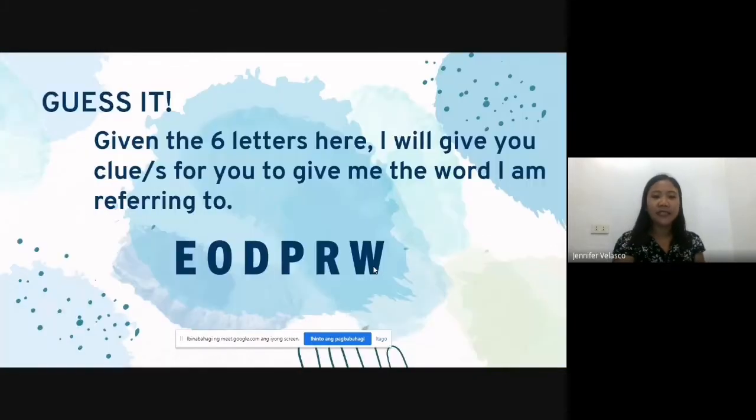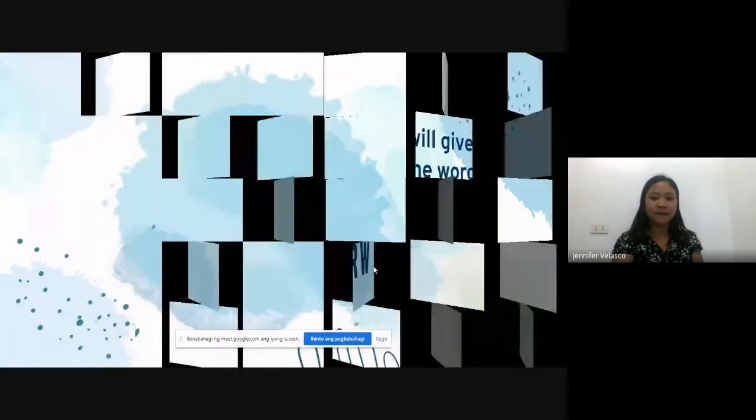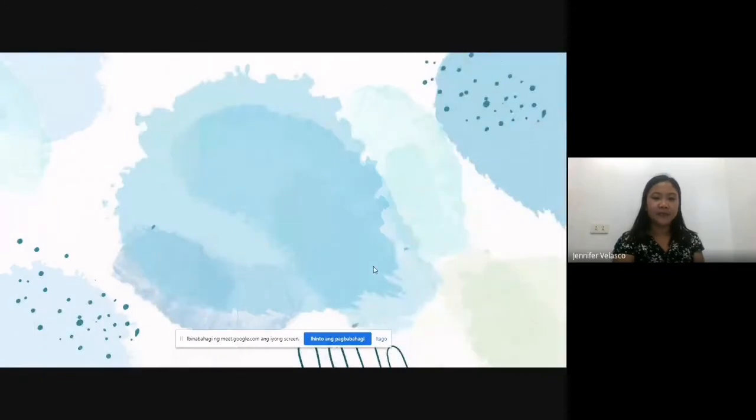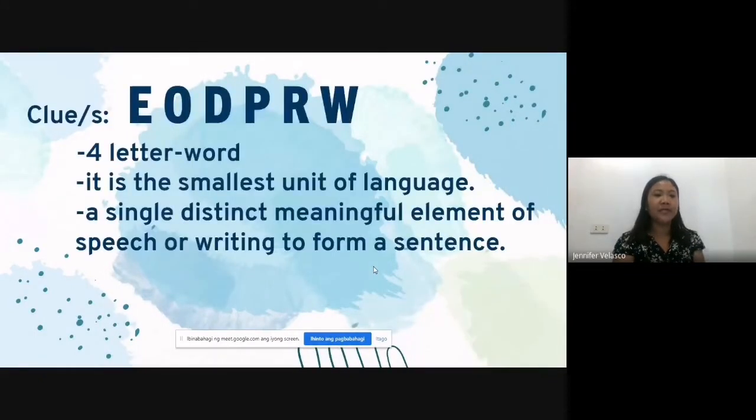We call this game Guess It. Given the 6 letters here, I will give you clues for you to give me the word I am referring to. The letters are E, O, D, P, R, W. Here is the first clue: it is a 4-letter word.